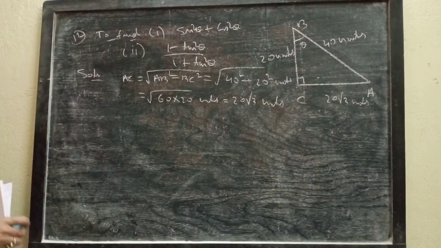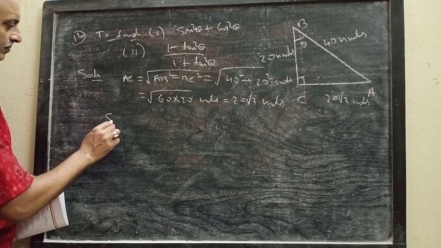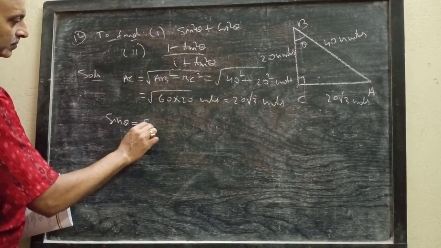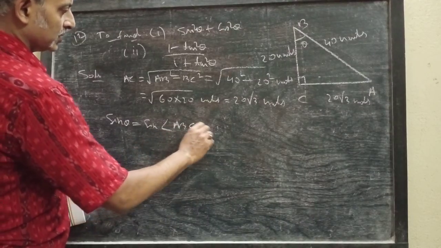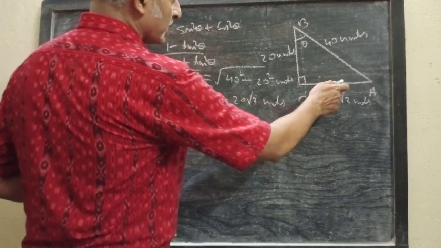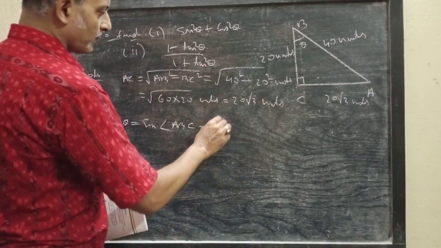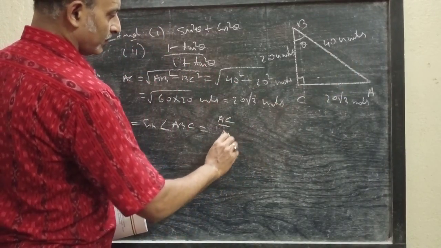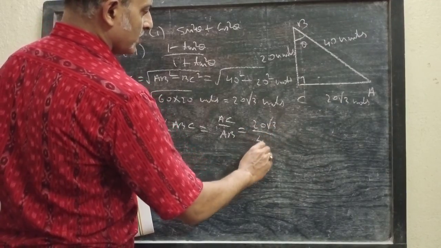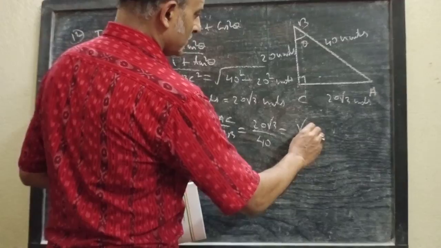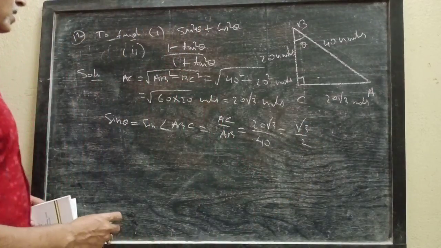Now we have to find sin theta. Sin theta is sine of angle ABC, this is AC by AB. That is 20 root 3 by 40. So this becomes root 3 by 2.